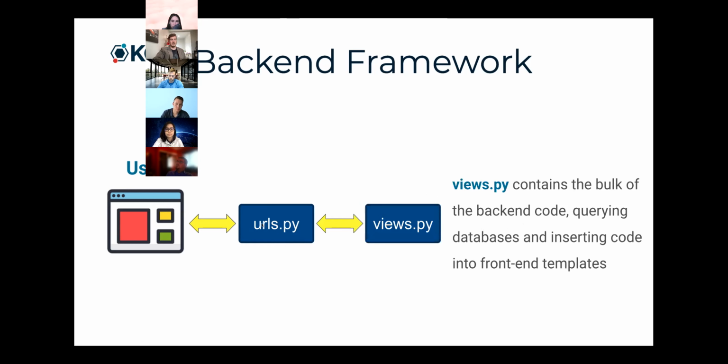So the URL then talks to the views. If urls is our switchboard in the Python Django framework, the views is our workhorse. This is what's doing all the algorithms and all the figuring out. It contains the bulk of the backend code.